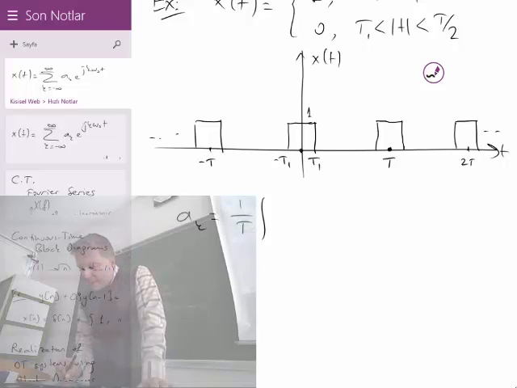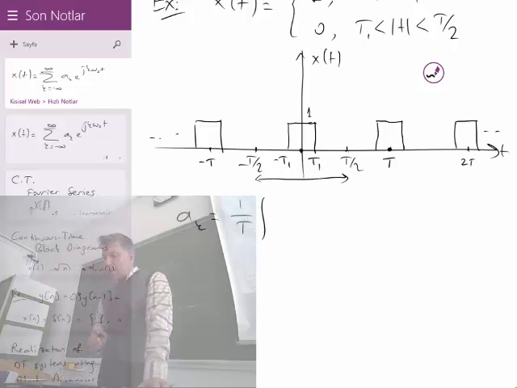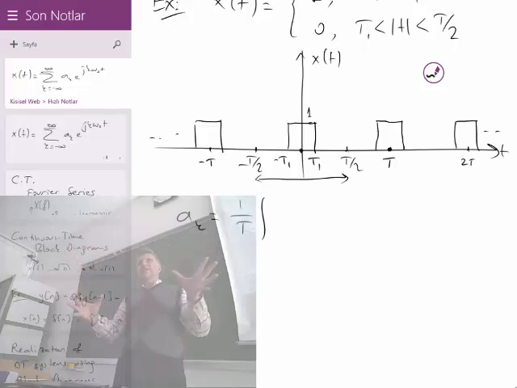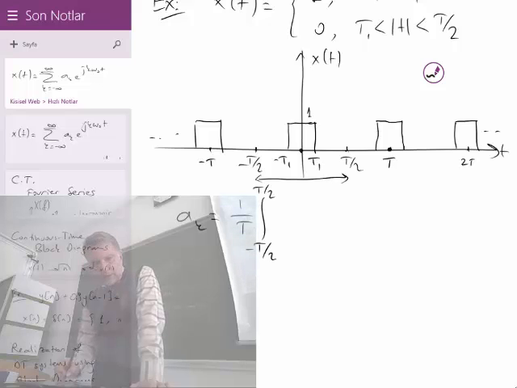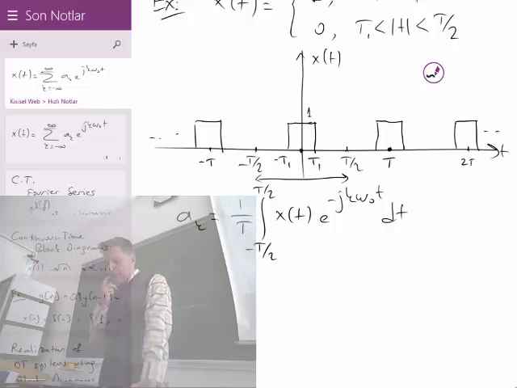Why don't we just integrate from minus capital T over 2 to capital T over 2. This range is more appropriate, because in the center of that range everything happens. So I'm going to do it that way: from minus capital T over 2 to capital T over 2, x(t) e to the minus jk omega 0 t dt.